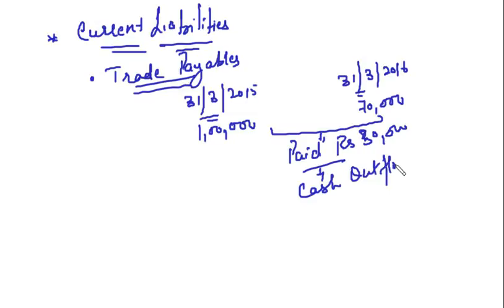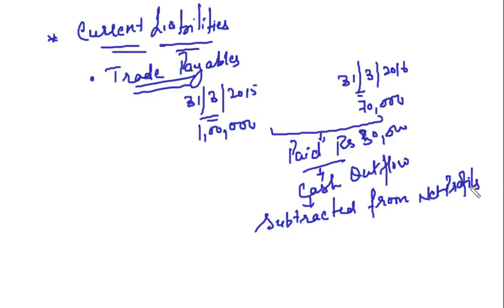Cash outflow will be subtracted from the net profits. Your trade payables, your liability is decreasing, that means you have paid off that amount. Clear?